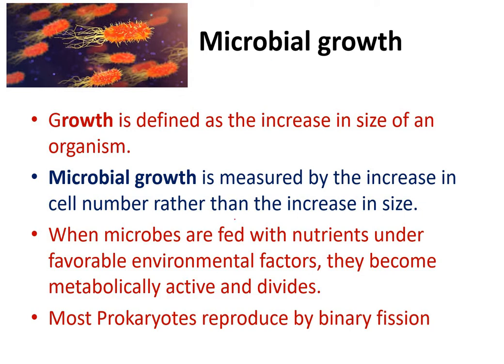When microbes are fed with nutrients under favorable environmental factors, they actually become metabolically active. That means every microorganism needs some favorable environmental factors where they can divide and be metabolically active, meaning they can increase their cellular components.